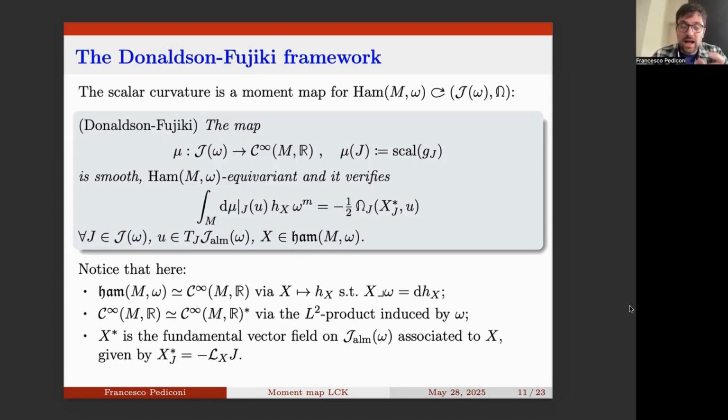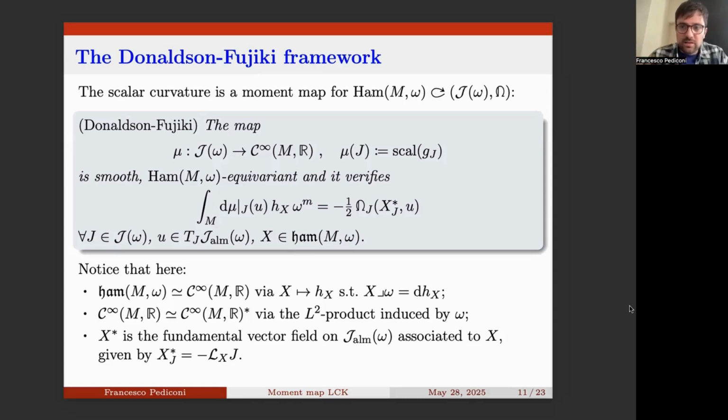But we can identify, up to a constant, the Lie algebra of Hamiltonian vector fields with the space of smooth functions via the correspondence that X goes to its potential. And here, you can also identify the space of smooth functions with its dual by means of the L2 product induced by the symplectic form omega.